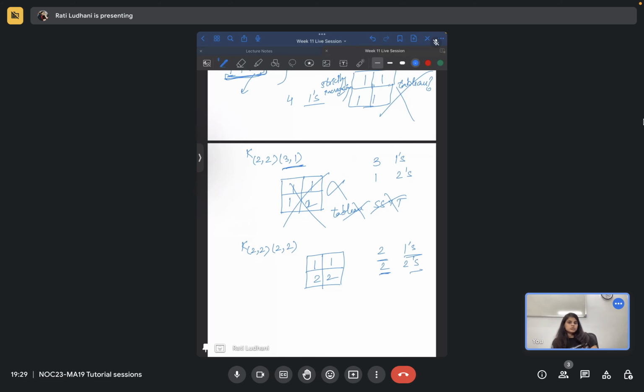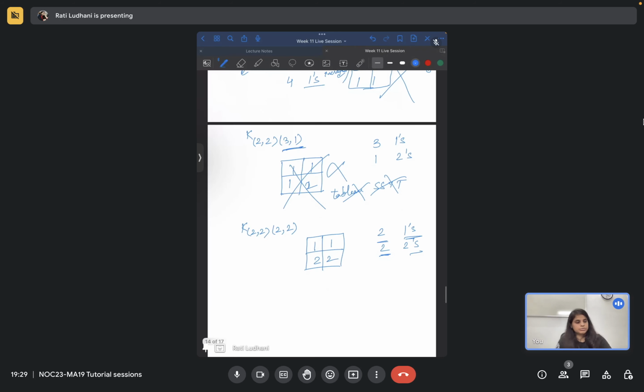You can always see, if lambda and mu are the same partitions, then you'll get exactly 1, because there is no other option. You will write the first row to be the first number, the second row will be the next number, the third row will be the third number. So these are the only options. You'll always get this to be 1 if these are the same, and this is 0.